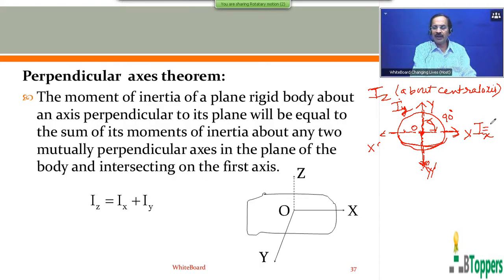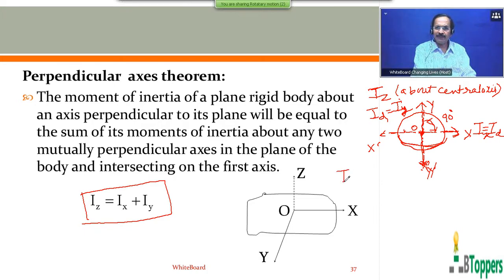So if the moment of inertia of the circular disc about a diameter is denoted by capital I subscript small d, then Ix can be written as Id, and Iy can also be written as Id. So using the perpendicular axis theorem, Iz equals Ix plus Iy.